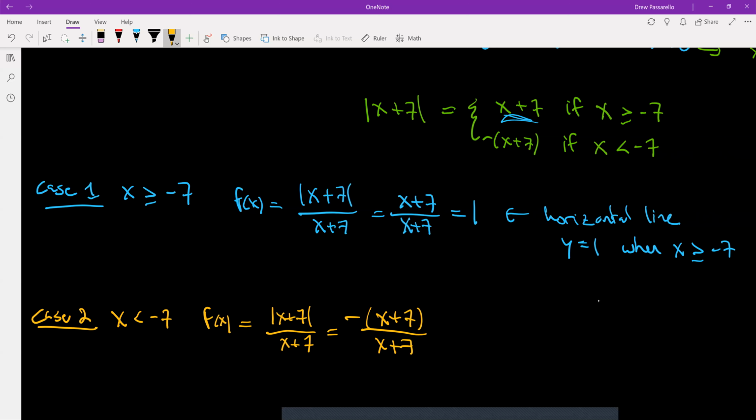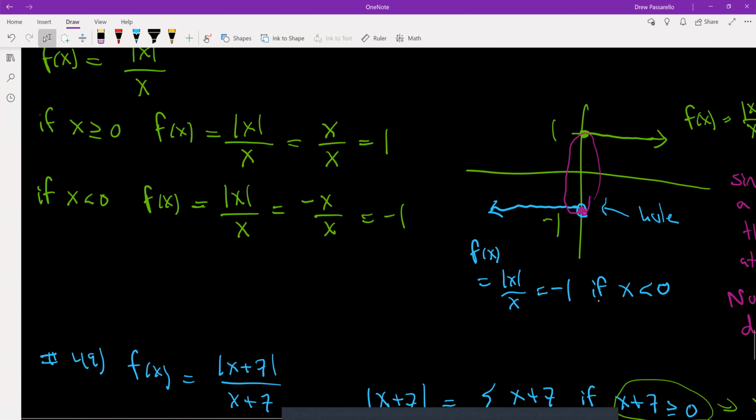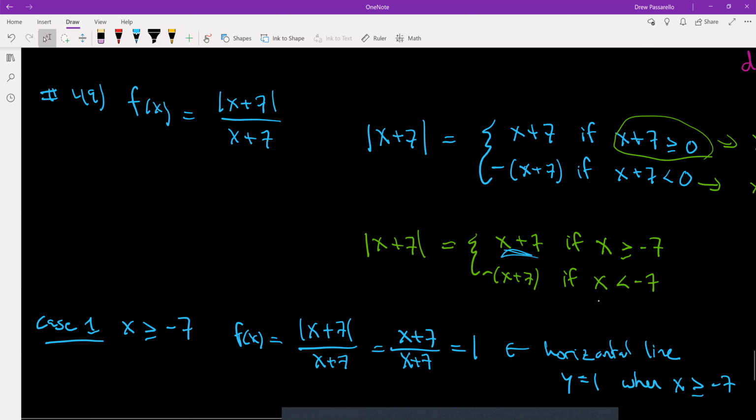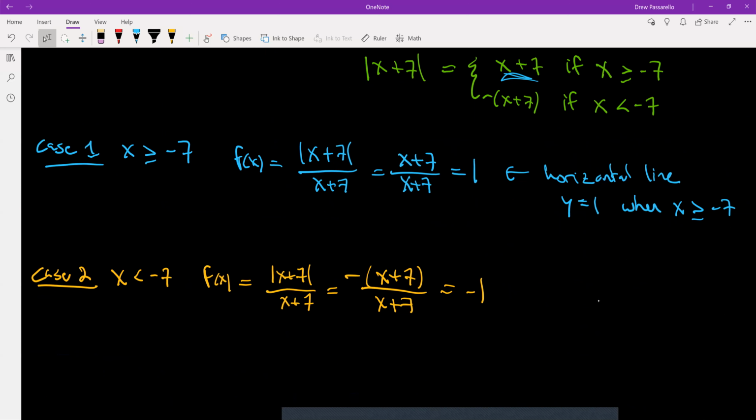And I can divide out the x plus 7s and, because of the negative, we'd be left with negative 1. So just like how I did this easier, simplified example, where I got negative 1, and that gave me this other horizontal line. So this is going to be a horizontal line, y equals negative 1, when x is less than negative 7.